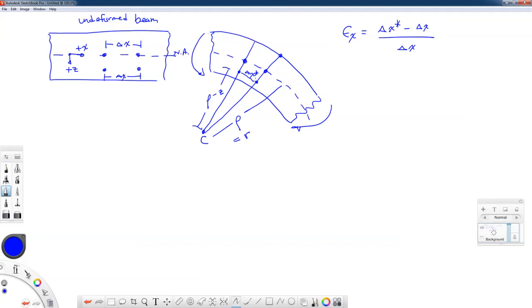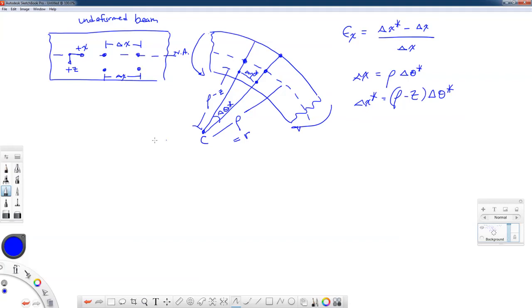Now our initial length we can find from this picture right here. Delta x is rho times this angle, we'll call that delta theta star, that's in between. And the new length of this segment is the distance rho minus z times delta theta star.